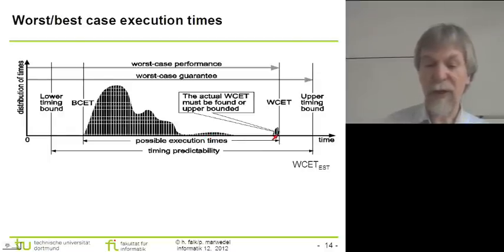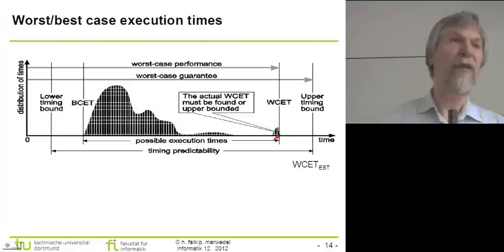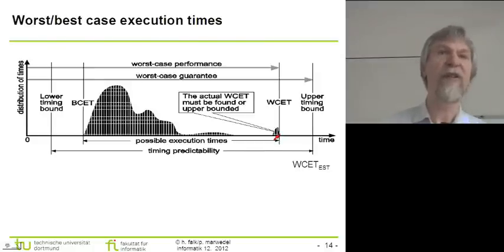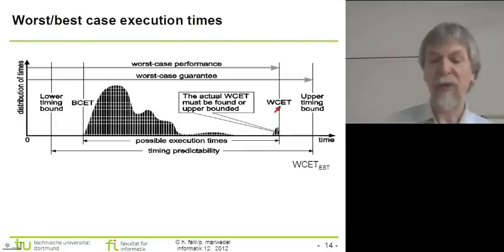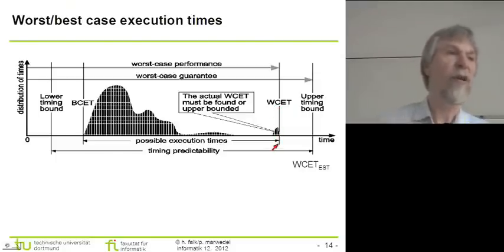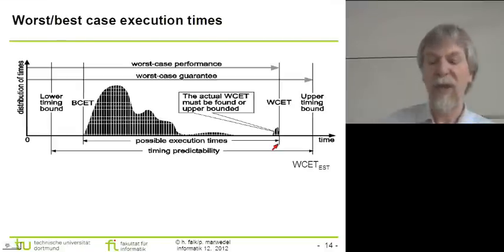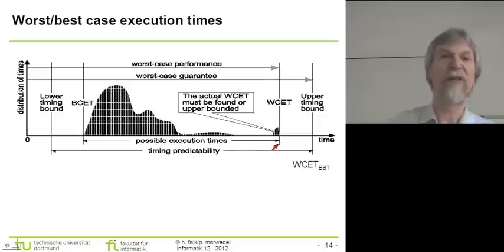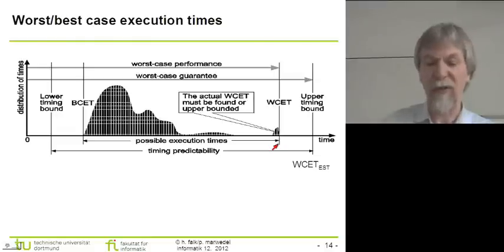Among all the different execution times that are feasible in practice, there is one execution time which is the largest execution time, and we call that the worst case execution time. Now, unfortunately, in general, it is not possible to compute this largest possible execution time because we will in some cases have to assume some worst case execution context, and we will in some cases have to use certain abstractions.